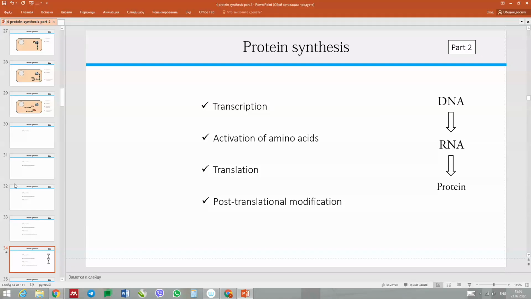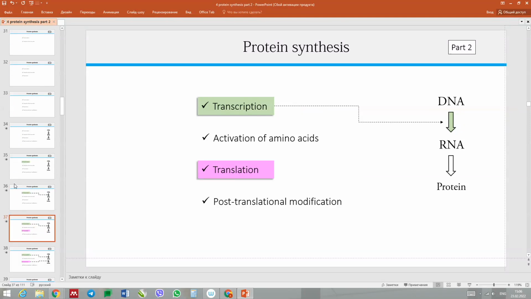So here you see a simplified illustration of what we call information flow inside of the cell. And it's very simple, with only a few steps. Information flows from DNA into RNA and then through the RNA to a protein. Transcription corresponds to this step and translation corresponds to this step.